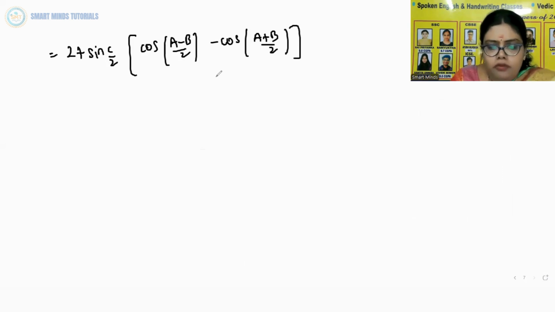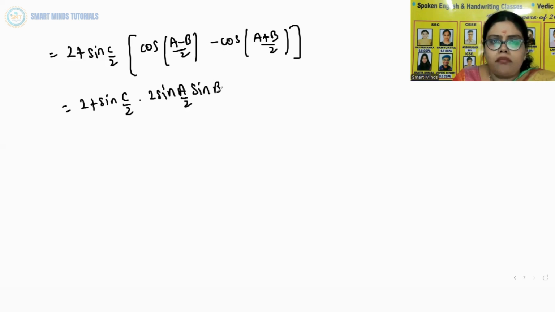Now we have a formula for this: cos (A−B)/2 minus cos (A+B)/2 is 2 sin A/2 sin B/2. So that is 2 plus 2 sin A/2 sin B/2 sin C/2.